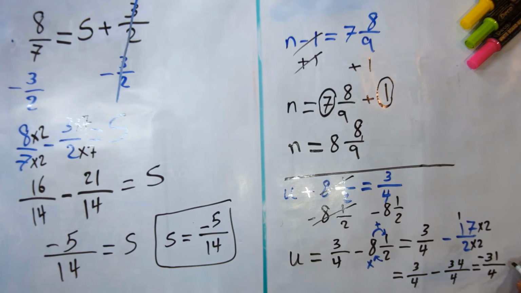But if you need to write this fraction as a mixed number, we can make 31 divisible by 4. How? Is any number less than 31 divisible by 4? 30? No. 29?